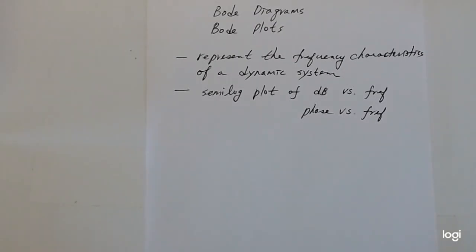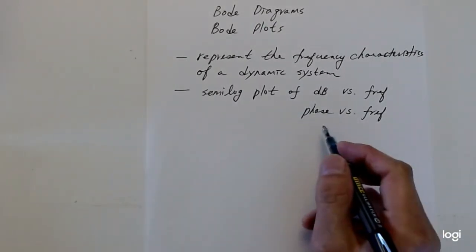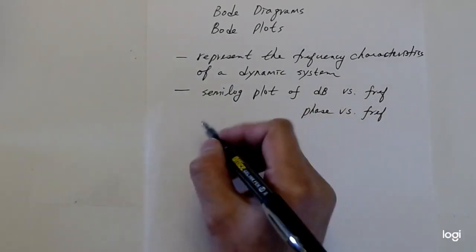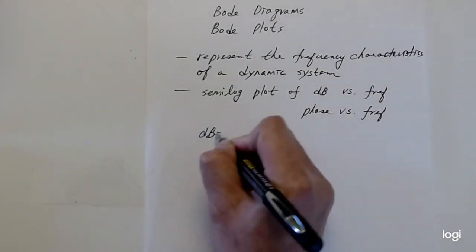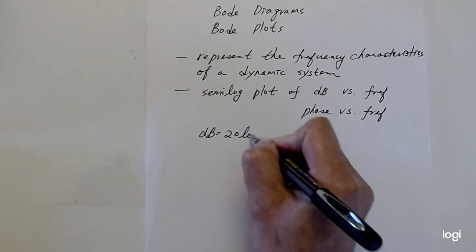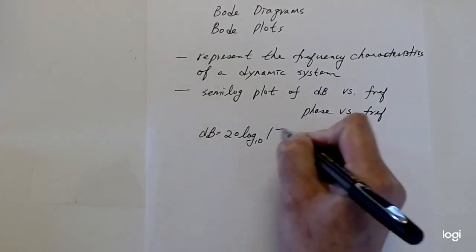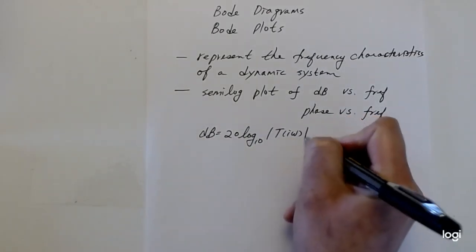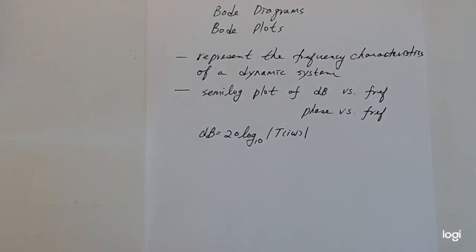Okay, and what is dB? dB is defined as 20 log 10 of the magnitude of the frequency response function.